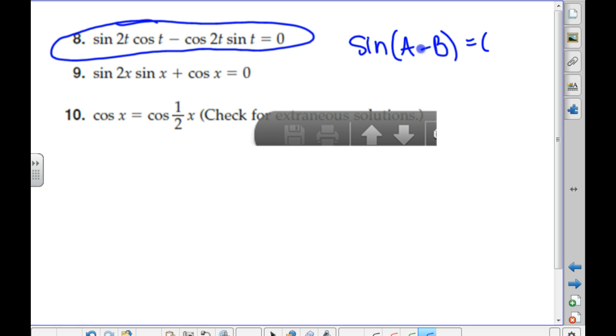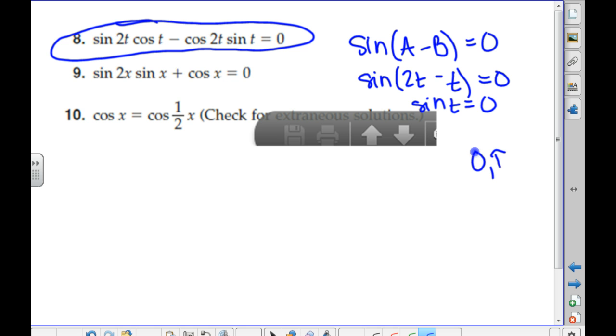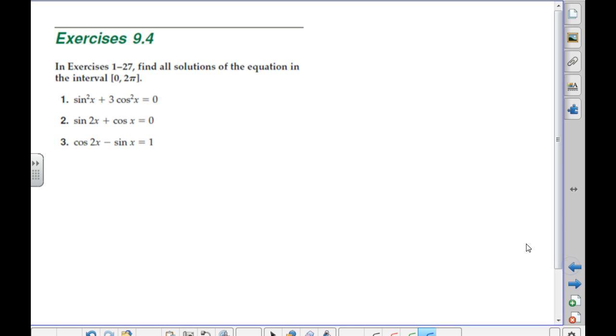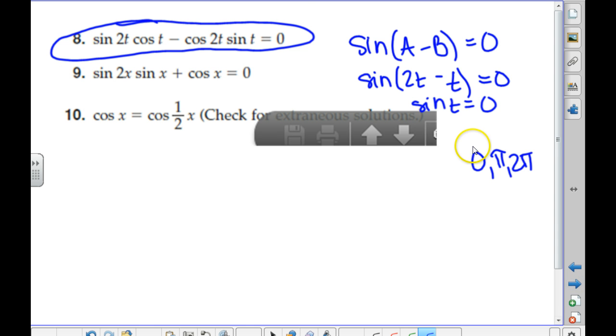So for this problem, when I put in a is 2t and b is 1t, rather than try to factor and trade and do a bunch of stuff, it just becomes the sine of t equals 0. Where's the sine 0? 0, pi and 2 pi, and I think if you look back, the directions said including both 0 and 2 pi. So this one does have 3 answers, okay? All right, have a great day, guys.